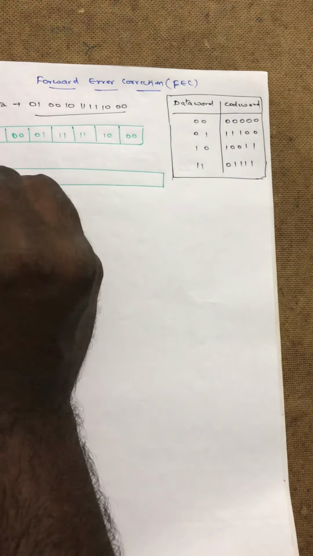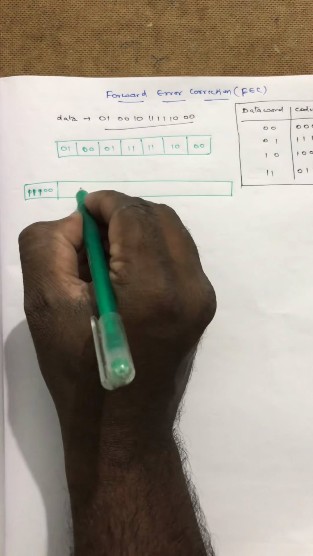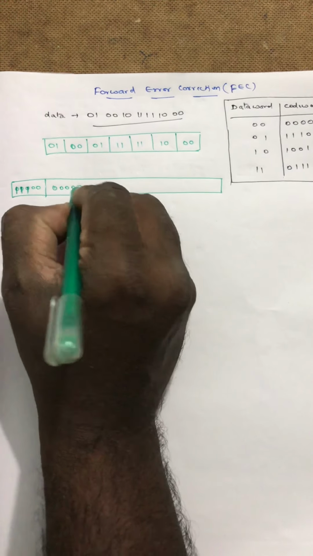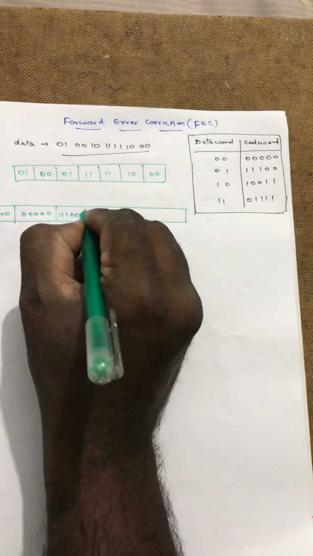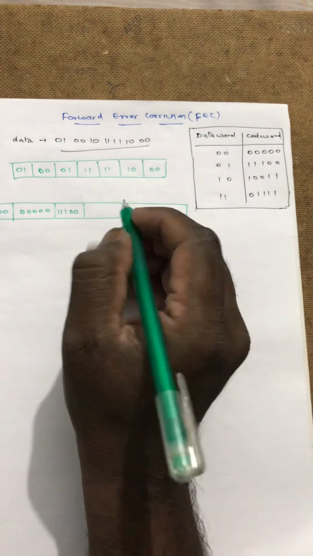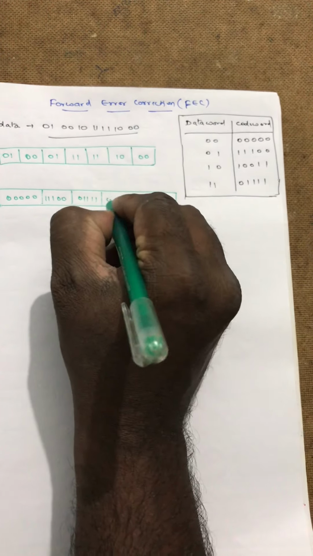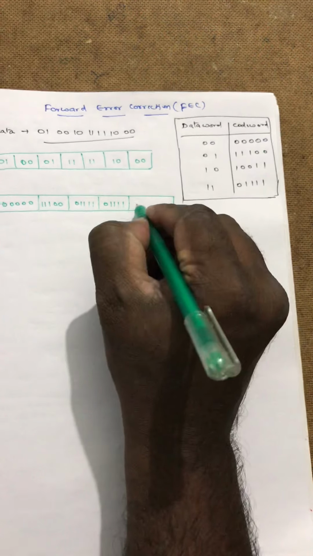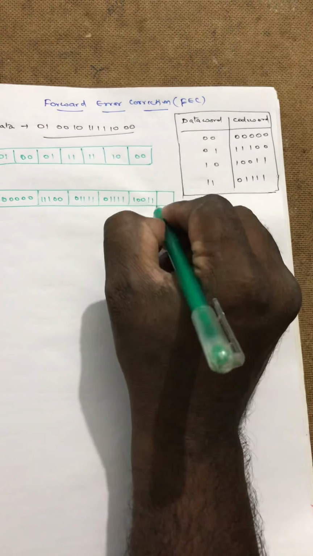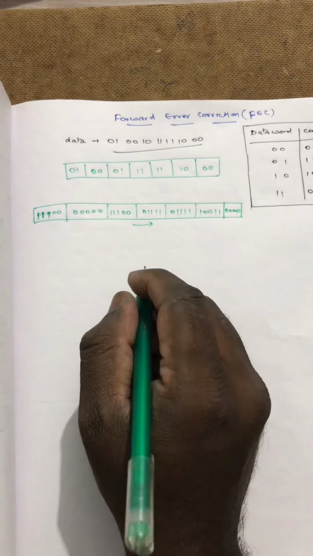So I'm sorry, 1 1 0 0, and for 0 0 it is all zeros, and for 0 1 again it is 1 1 0 0, and for 1 1 you have 0 all ones, and again 0 all ones, and for 1 0 it is 1 0 0 1 1, and for the last 0 0 which is all zeros. So this will be my frame that will be transmitted.